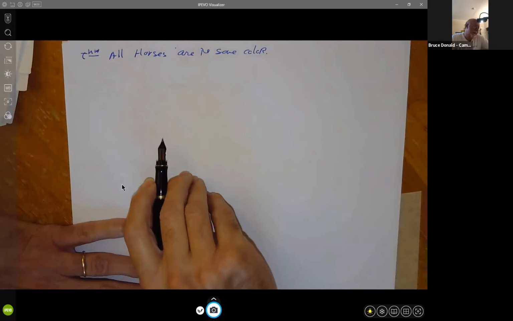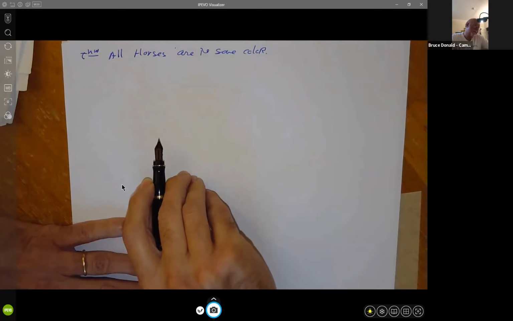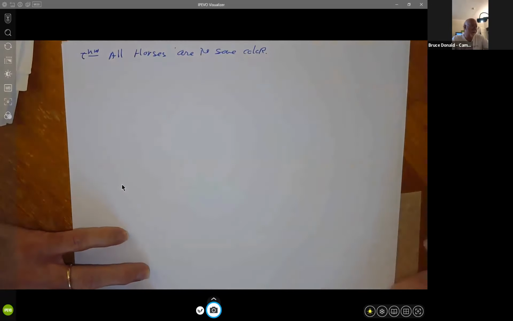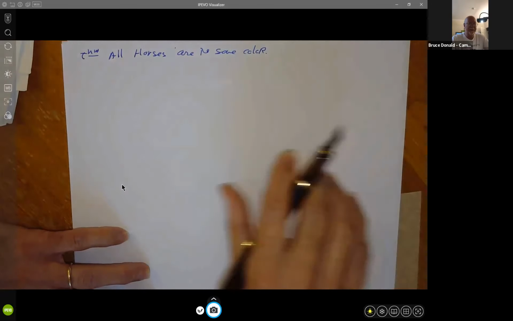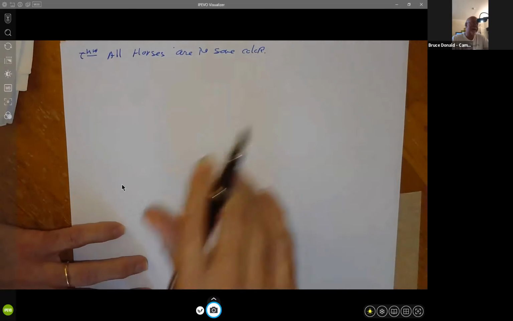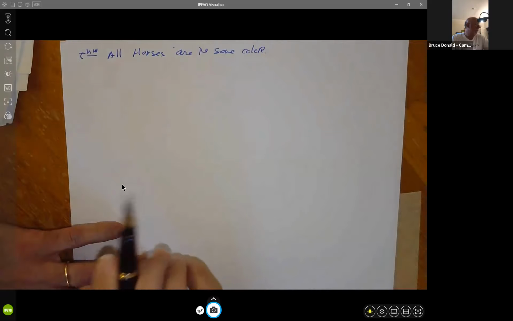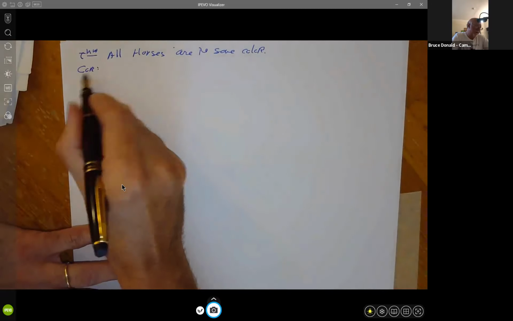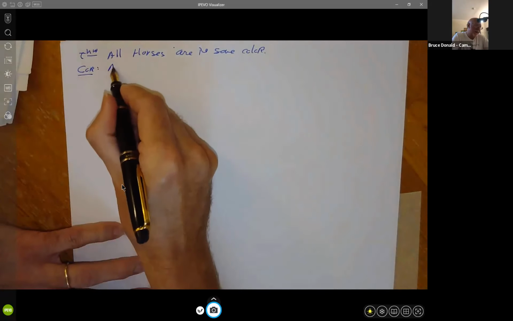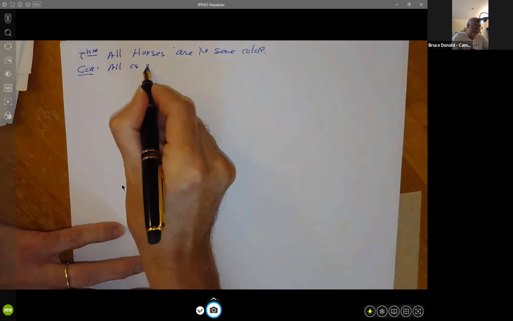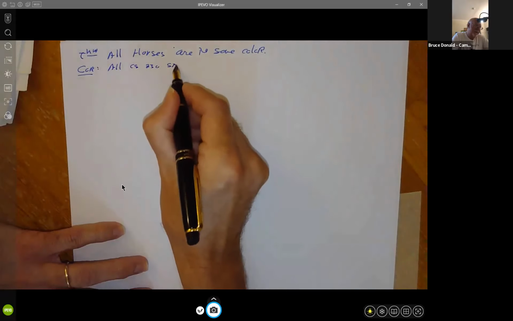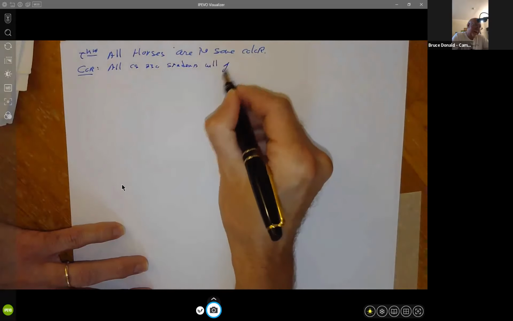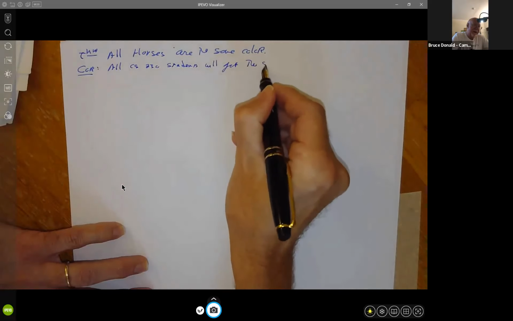Now, I could also, and they'll do this in your next algorithms class, prove that every horse has an infinite number of legs. I'm not going to do that. But a corollary of this proof, a little term that follows, is all CS 230 students will get the same grade.